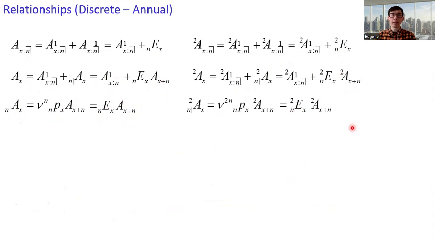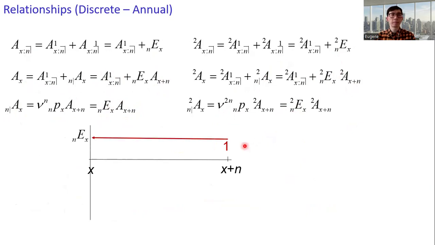Next, we will build up a relationship for period endowment. nEx, a $1 survival benefit, discounted back. And this nEx can be decomposed into two period endowments.